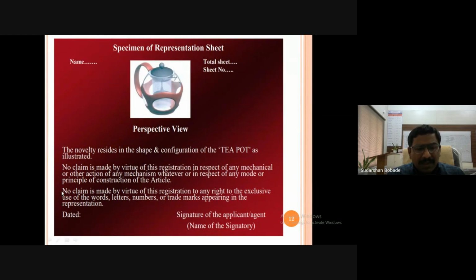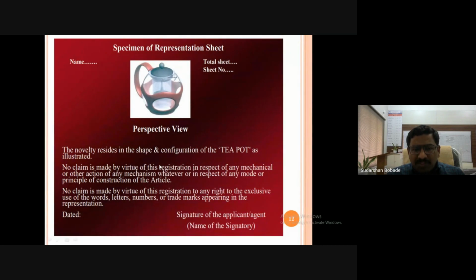Then the next disclaimer is: no claim is made by virtue of this registration to any right to the exclusive use of the words, letters, numbers, or trademarks appearing in the representation sheet. If by mistake there is a trademark or any proprietary mark, or if I intentionally put some words or phrases over there, say suppose I have mentioned 1988, then I would have to claim that digit.